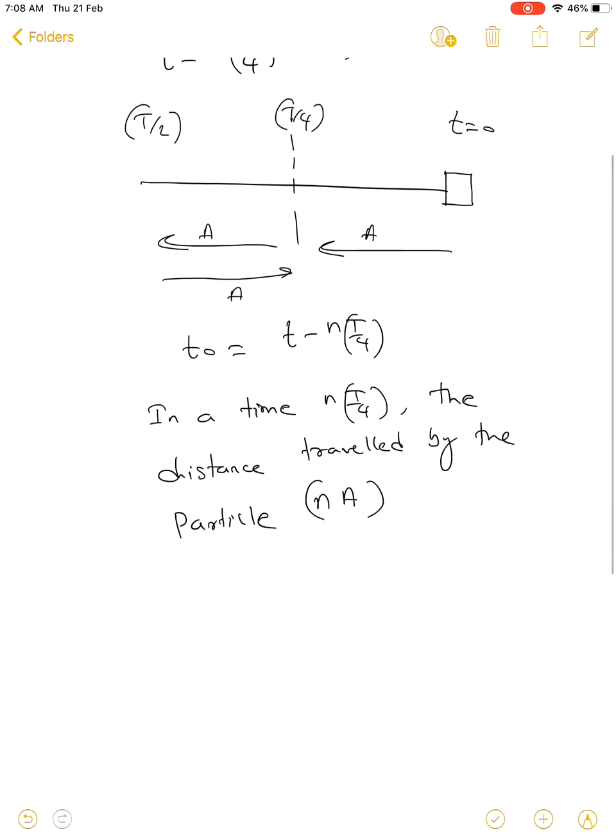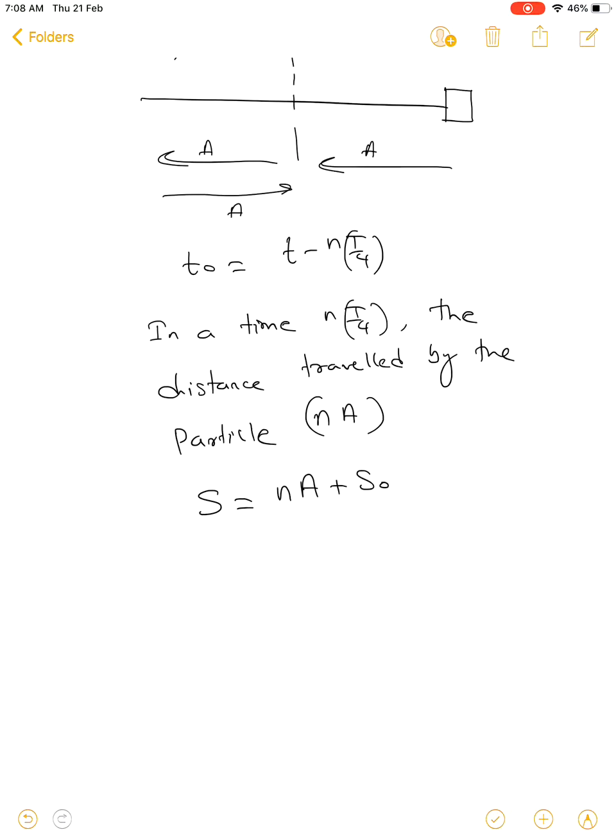And let's say in a time of t naught, it is traveling an additional distance s naught. So the total distance traveled, we can write as s = n times amplitude plus s naught.